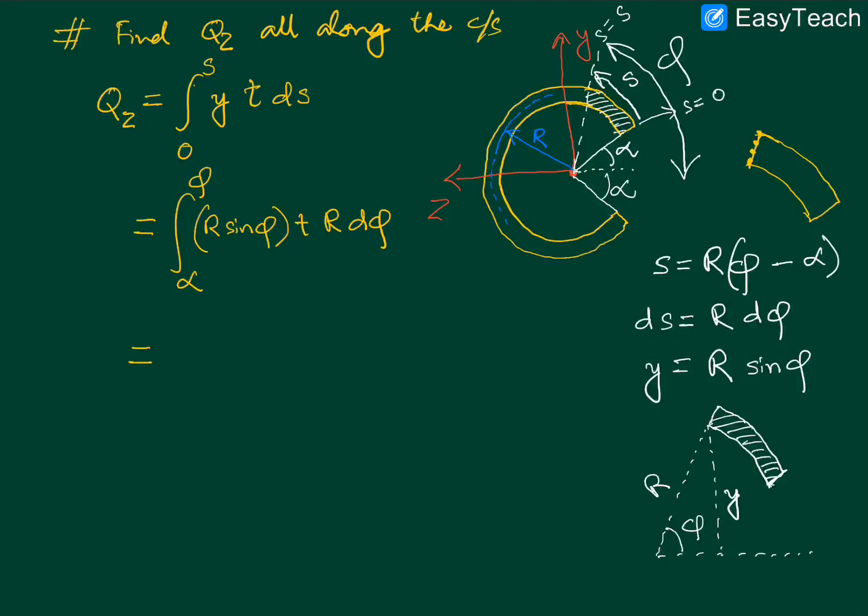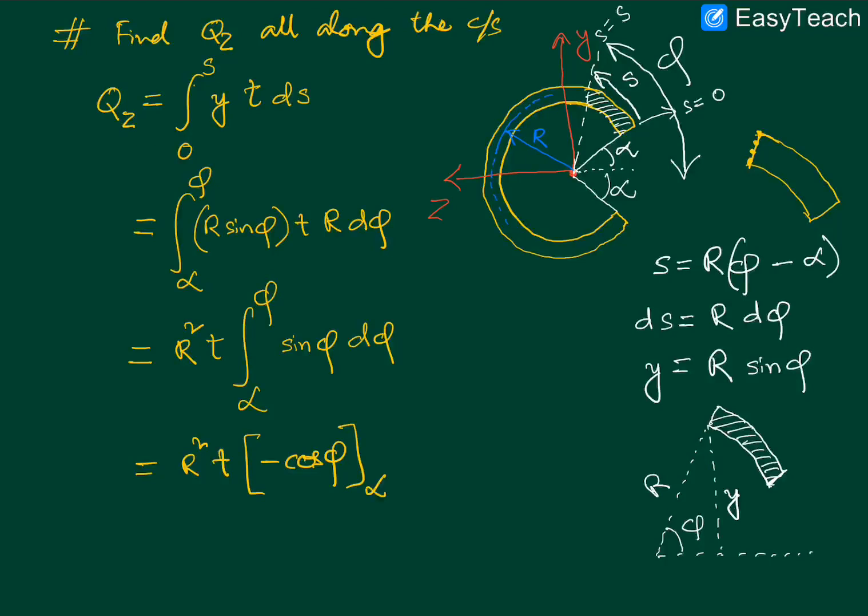So this thing will be equal to, we have R square going outside, because that's a constant and doesn't depend on phi. The t can also go outside the integration, as that doesn't depend on phi. So what we are left with is the integration from alpha to phi of sine phi d phi, and that is nothing but R square t times minus cos phi. We have to put the proper limits here.